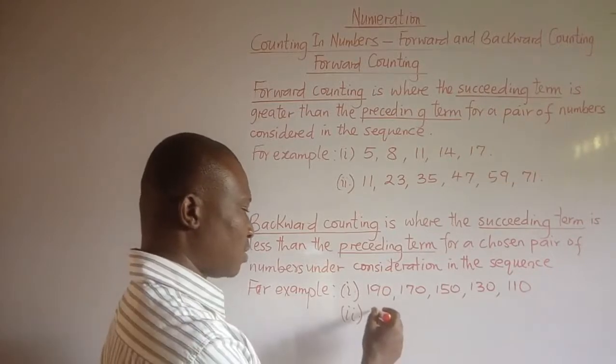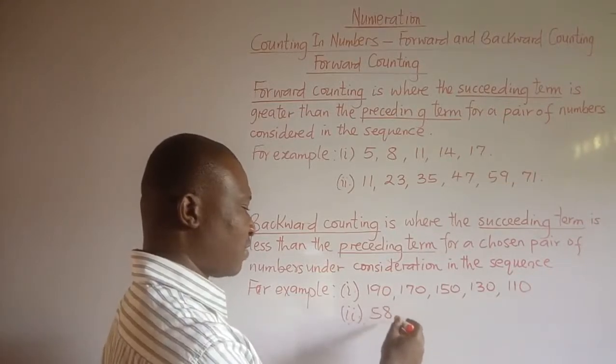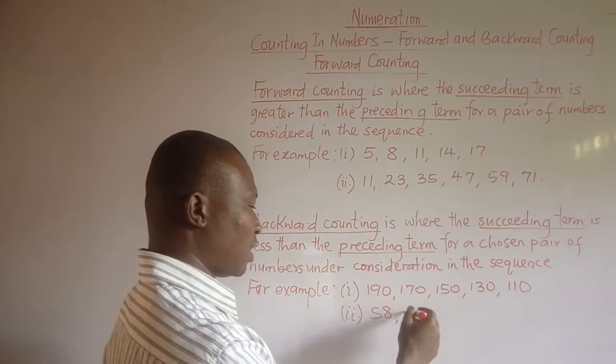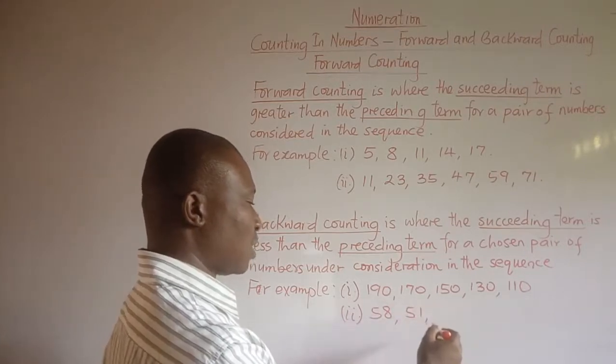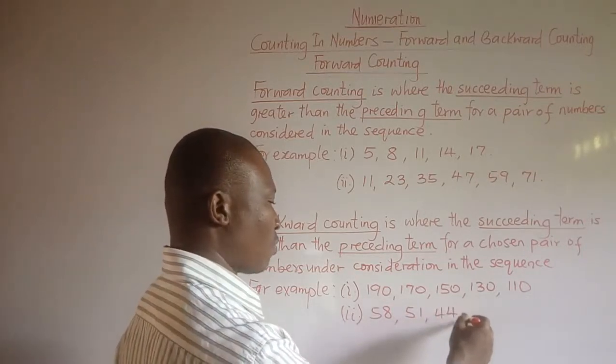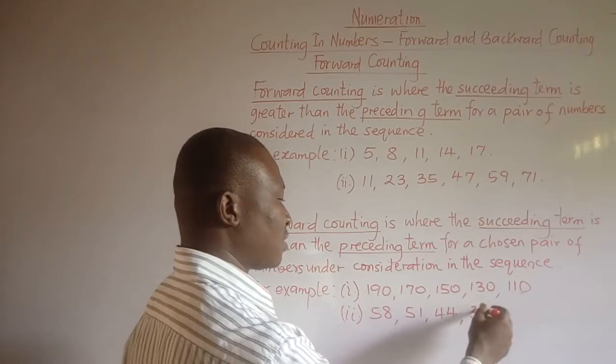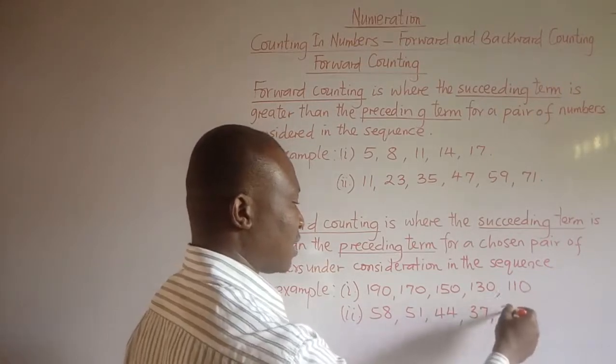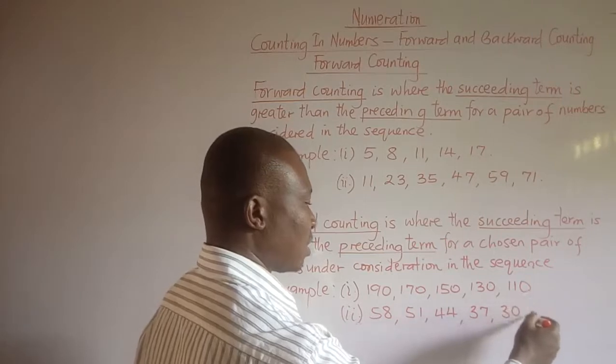Let's take another one. 58, for example. Let's say 51, 44, 37, 30, 23.